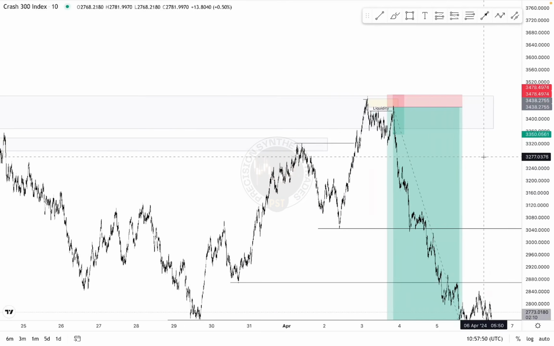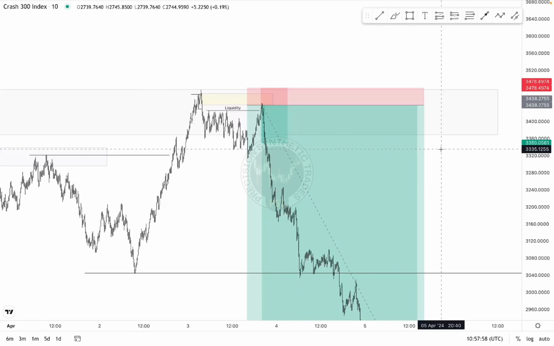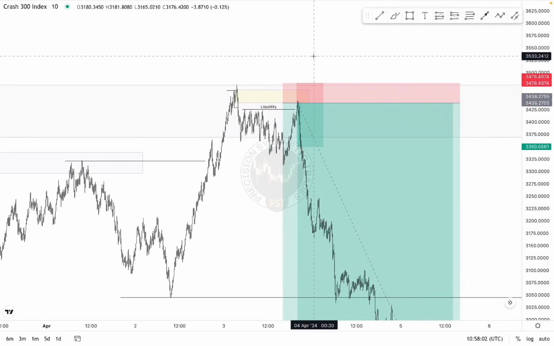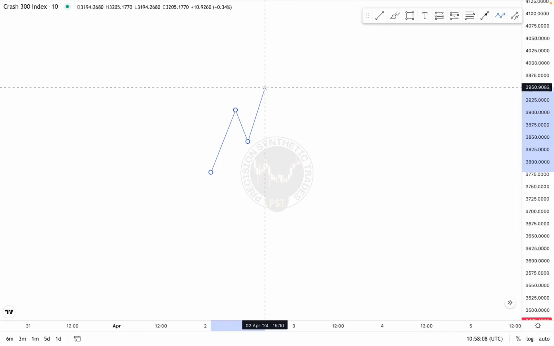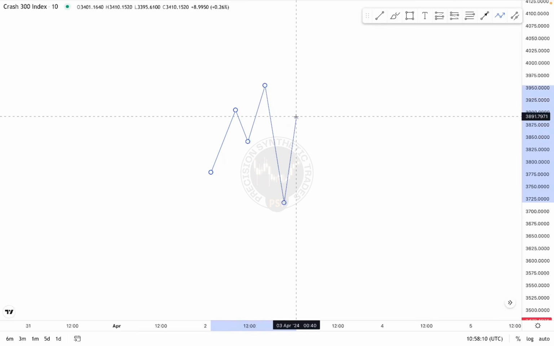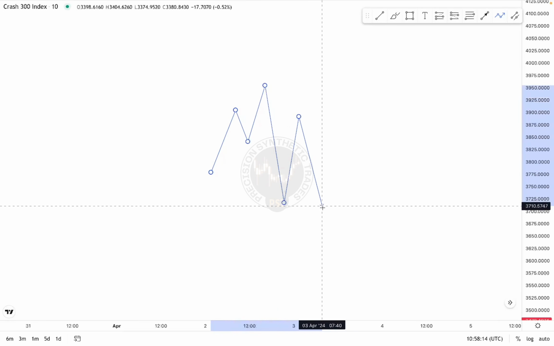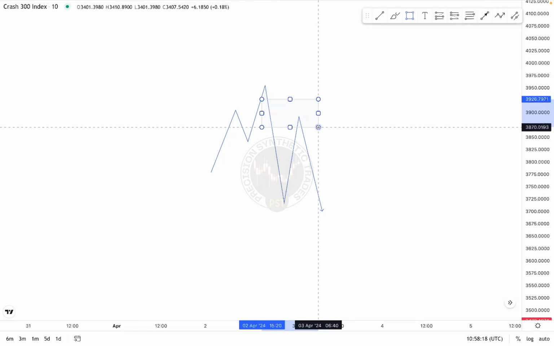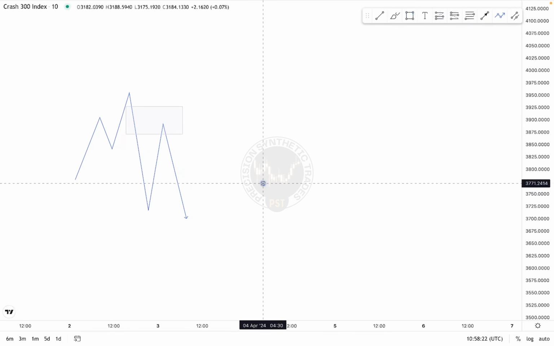And that's how you analyze the market. I will make another video on Boom 1000. Exactly the same concept. Literally, you're looking for this pattern. This is the pattern you are looking for. So it's this one. Extra confirmation, you can use something like this.